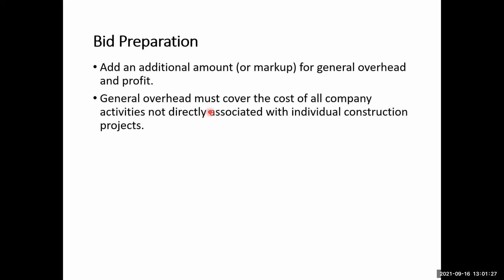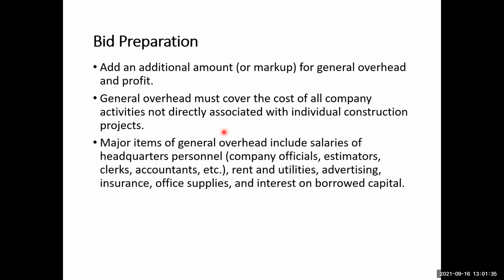So general overhead must cover the cost of all company activities not directly associated with the individual construction project. So for example, the advertisement and like that. So major items of the general overhead include the salaries of the headquarter personnel, company officials, estimators, clerks, accountants, etc.